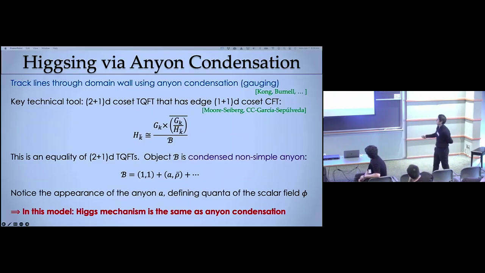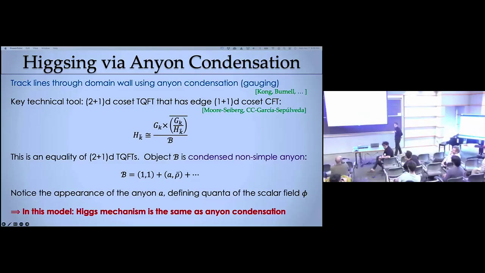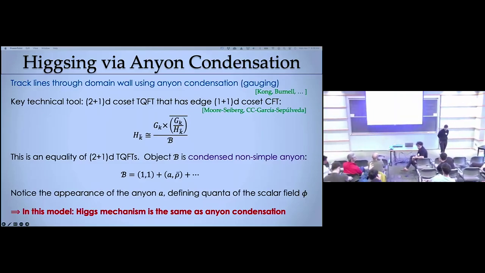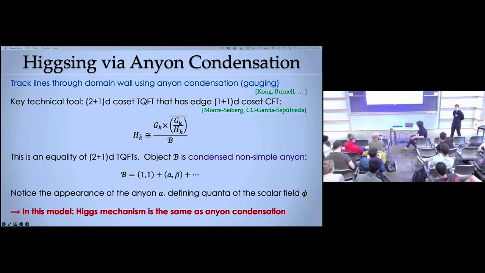I don't know if I'm saying that. I'm just saying that this is the thing that has the edge modes that are on those domain walls, which is why it tracks what happens when a line comes from outside and pierces a vertex operator and then goes inside. Okay, so I should not think about this as the same dynamically as the transition in which you're condensing the B inside some larger TQFT. We weren't thinking of it that way. Okay, got it.